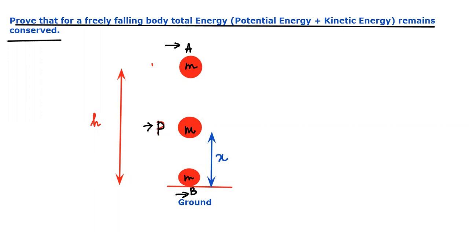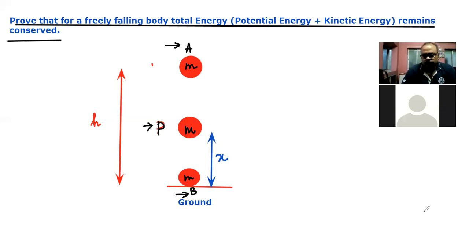The sum of potential energy and kinetic energy will remain conserved at these 3 points. So that is what we have to prove. So how to start? This is a very important proof, children. This is quite a common proof that we normally do.